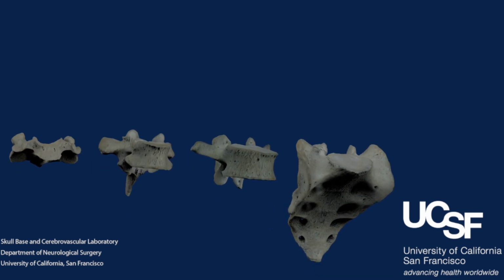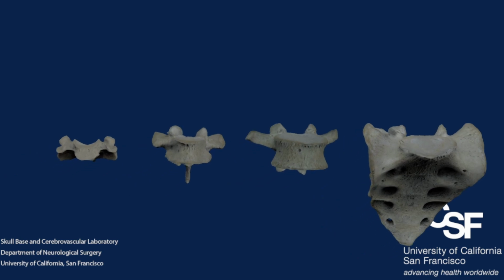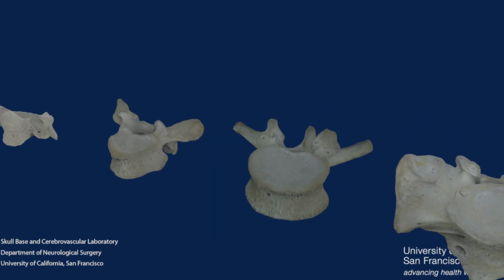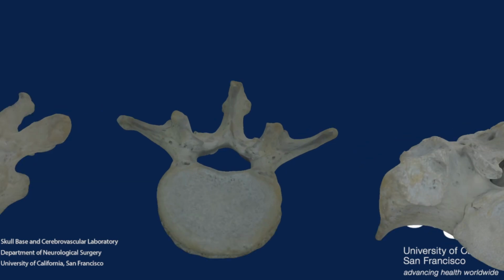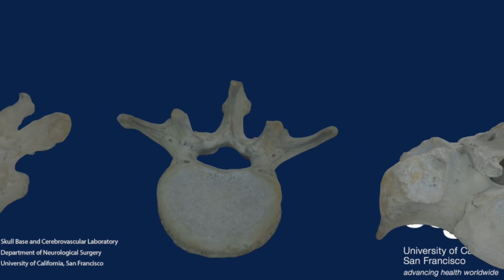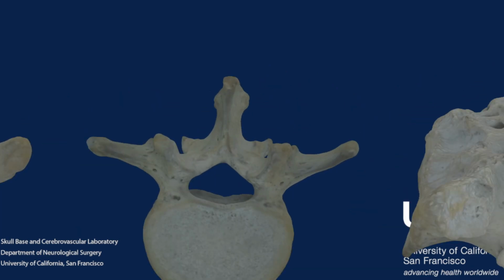So again, what we're seeing here are the typical vertebrae of the cervical, thoracic, and lumbosacral regions. A vertebra is formed by 2 big components. One is the body, and the other is the vertebral arch, which lies posteriorly.